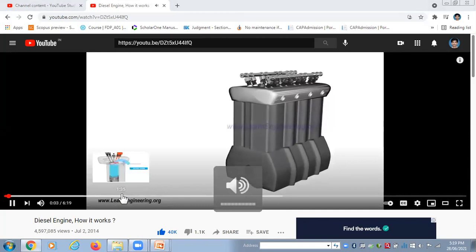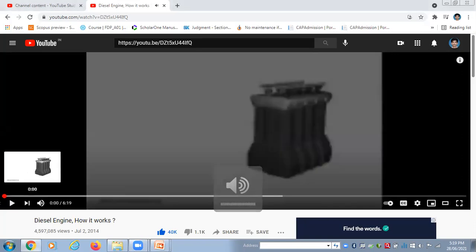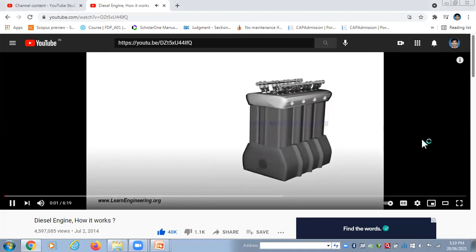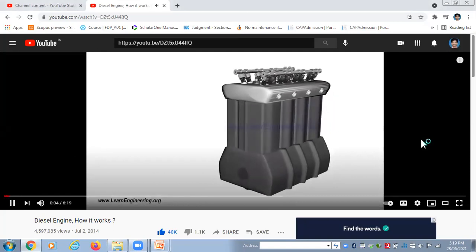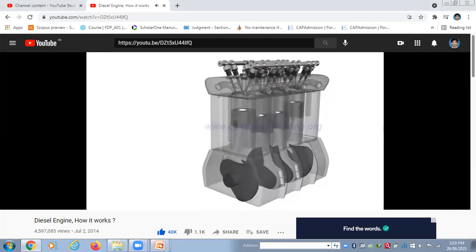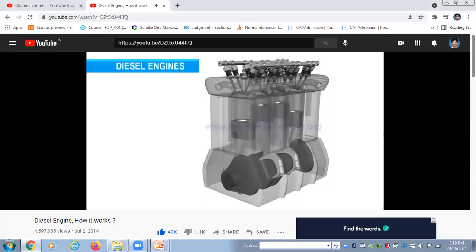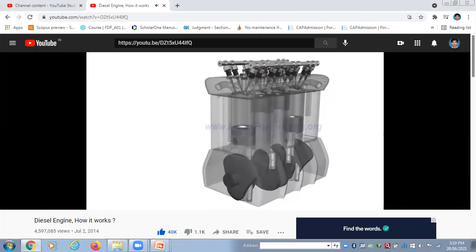An internal combustion engine transforms the chemical energy in fuel to mechanical energy. Diesel engines, which have been serving mankind for over a century, are the most versatile and economical IC engines.